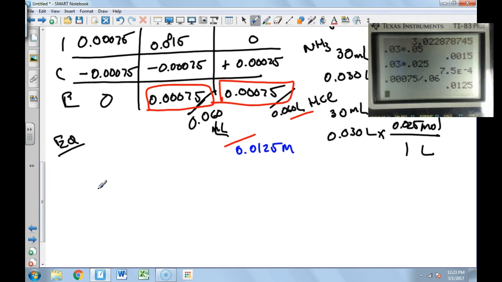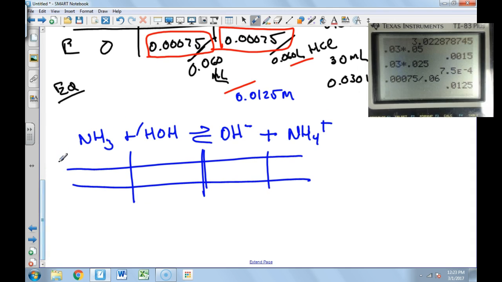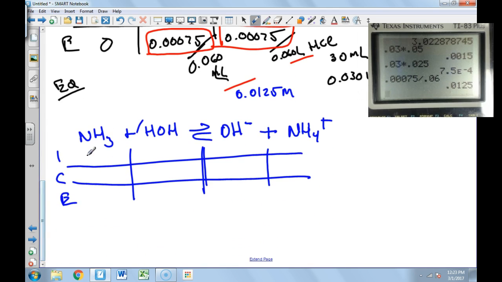Okay, so now we do our equilibrium step. There's only one ever equilibrium reaction, NH3 plus HOH. I'll write it like this so it's easier to see the transfer. So that's going to give us OH minus, the conjugate base of water, plus NH4 plus. Okay, so now ICE, the initial concentration of ammonia is 0.0125.